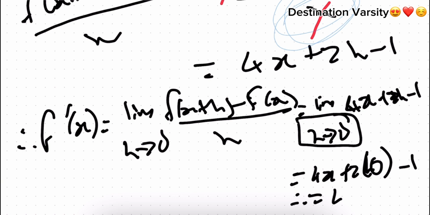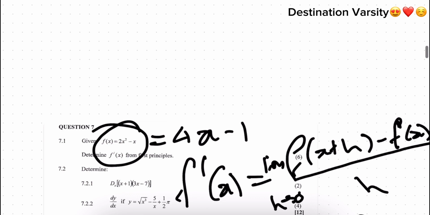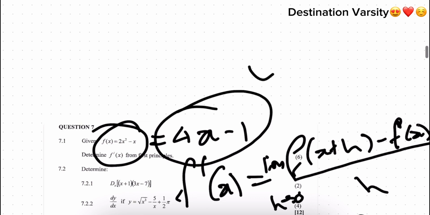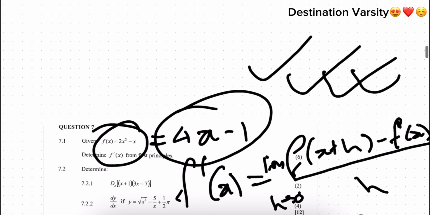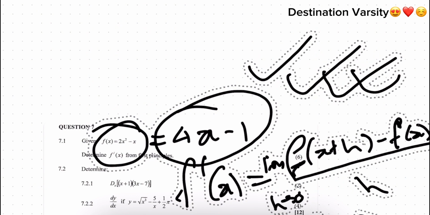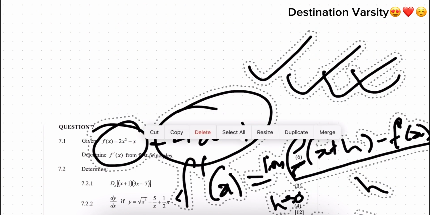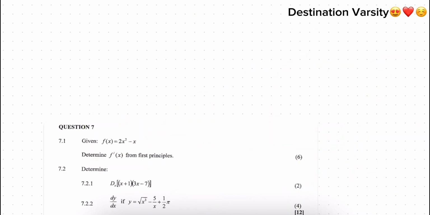Therefore, it's going to be 4x minus 1. Let's confirm if this answer is correct. That's your f prime of x. Yes, it's the same as this one. So we are correct. We have 6 marks. Easy 6 marks. As easy as that, you've banked yourself 6 marks. Imagine.